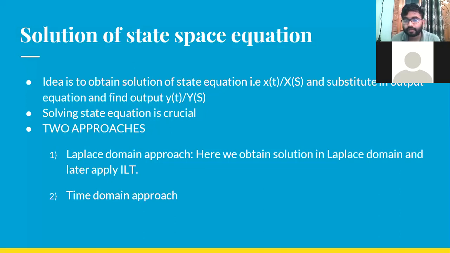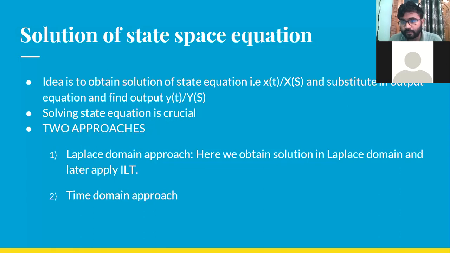Why should we substitute in the output equation? For finding or observing the system response. Output is nothing but the response of the system to the given input, how the system is responding. So that is the idea.